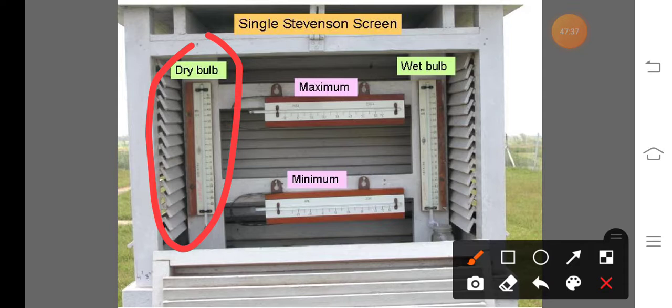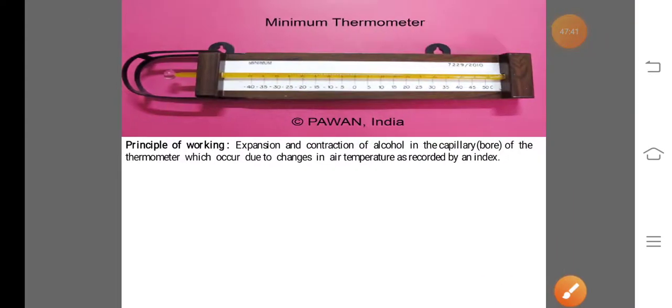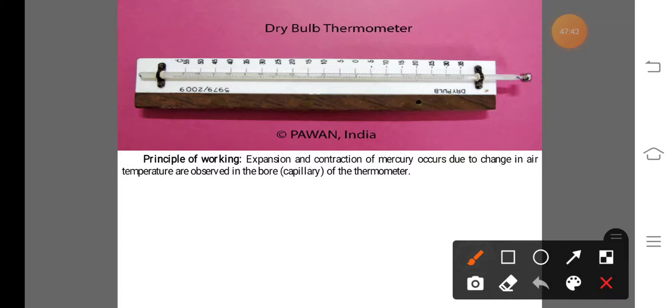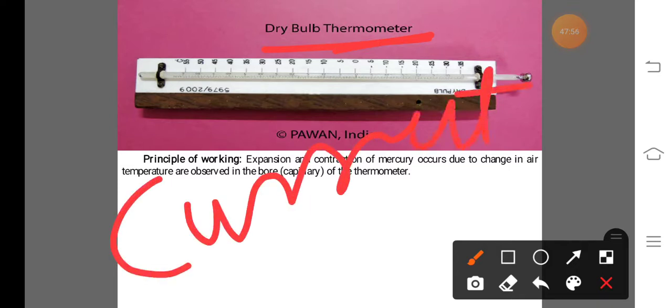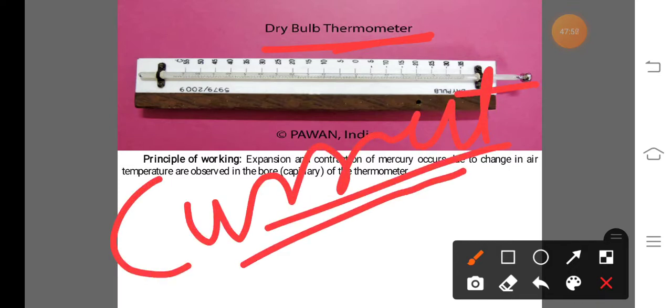This thermometer is used to measure the current, actual or prevailing air temperature at any given time. That means to measure the current atmospheric temperature, the dry bulb thermometer is used.